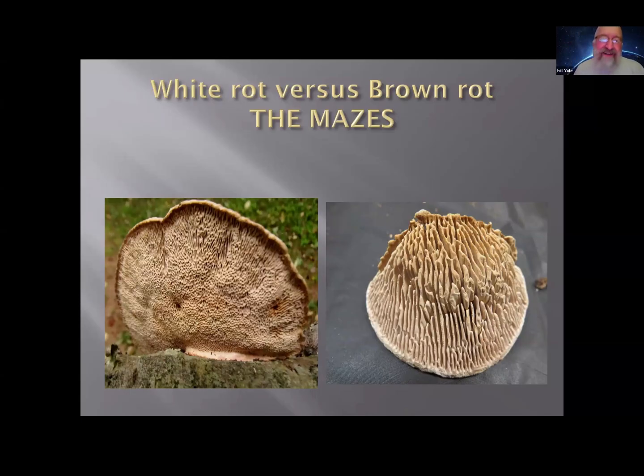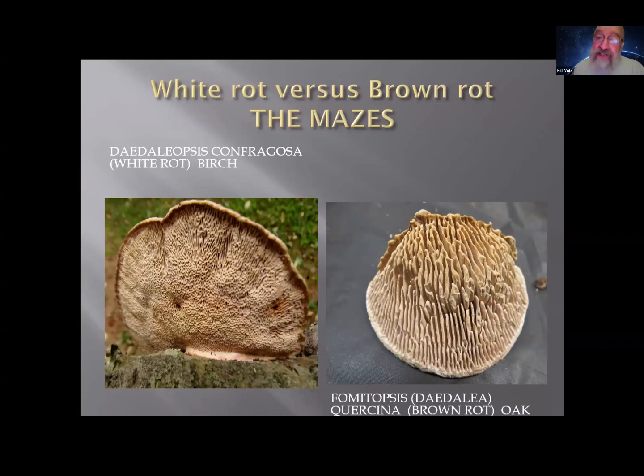So I want to talk about the common fungi that we see. You probably recognize this as the Daedaleopsis confragosa, white rot. And then over here, something that we used to call the Daedalea quercina, the oak mazegill. But recently, people have studied the oak mazegill and Fomitopsis in general.